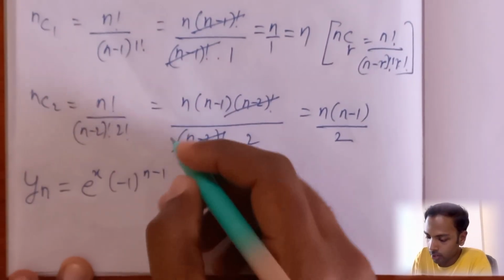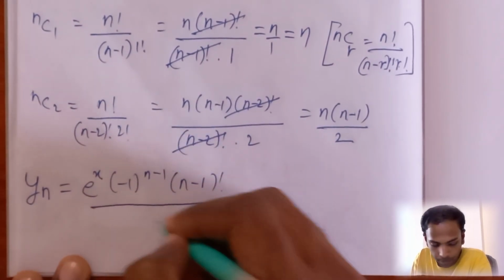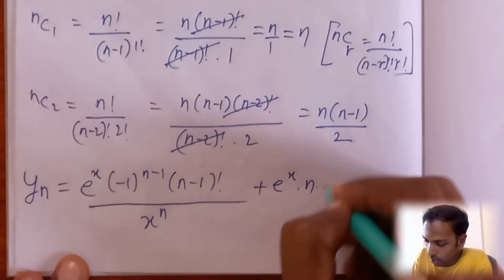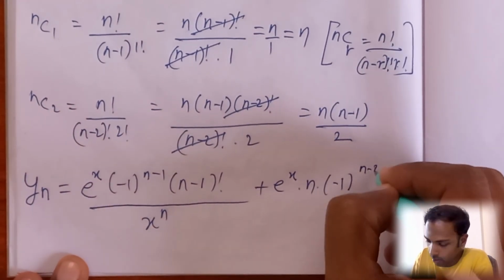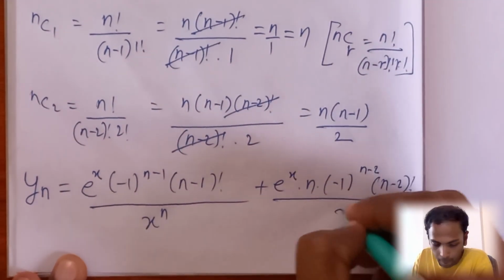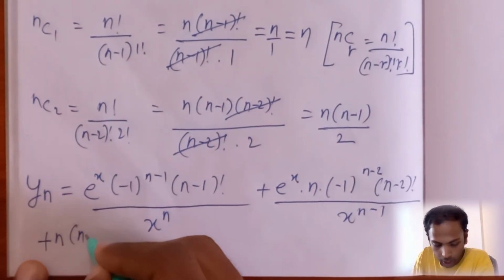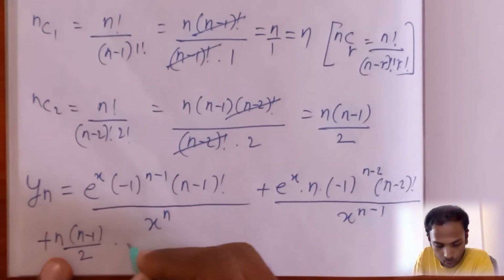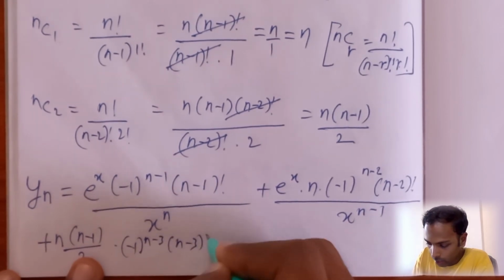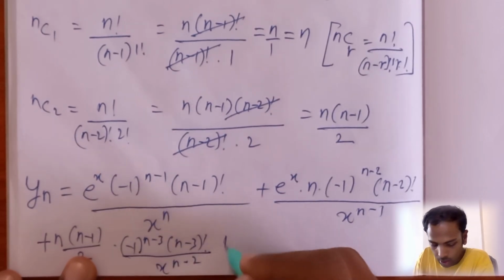I'm directly writing it quickly: into (n minus 1) factorial by x to the power n, plus e to the power x into n into minus 1 to the power (n minus 2), (n minus 2) factorial by x to the power (n minus 1), plus n into (n minus 1) by 2 into minus 1 to the power (n minus 3) into (n minus 3) factorial by x to the power (n minus 2).